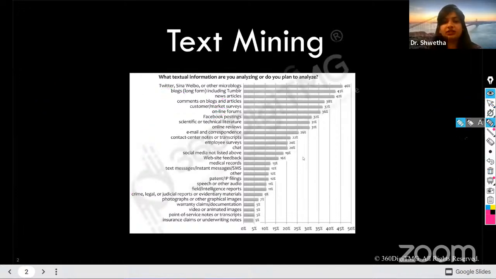There are also scientific or technical literature, online reviews, email and correspondence, contact center notes or transcripts, surveys, chat. All these are textual information. A major chunk goes into this, and a lot of techniques are being identified to analyze this textual data.